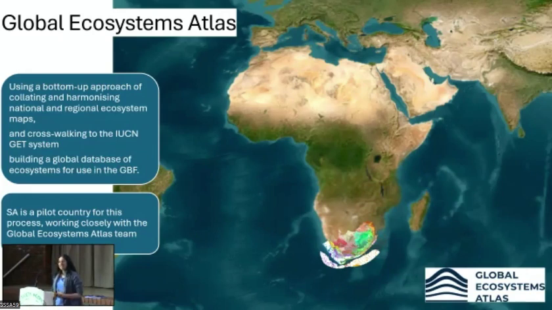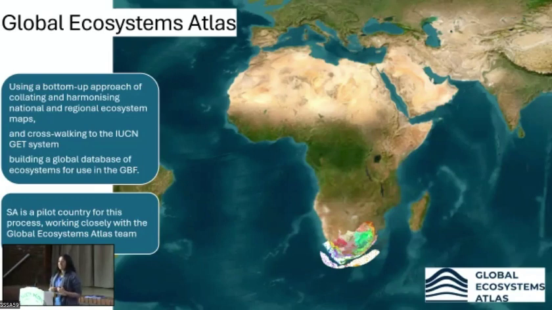And what's really nice is, again, they came to South Africa and they said, can we please have your ecosystem types, but you give it to us from your perspective? And do you have any other African partner countries that also have ecosystem maps of ecosystem types? And so we've been working with them and letting them know of the ones that we know of.